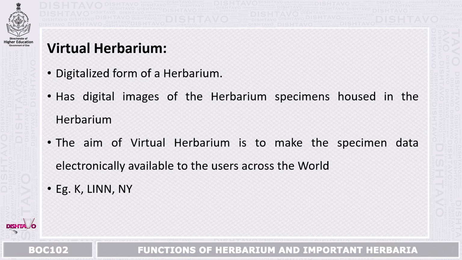The aim of a virtual herbarium is to make the specimens available electronically to users across the world without actually consulting a herbarium. Examples include the Herbarium of the Royal Botanic Gardens, that is Kew Herbarium, the Herbarium of the Linnean Society of London, and the New York Botanical Garden Herbarium.